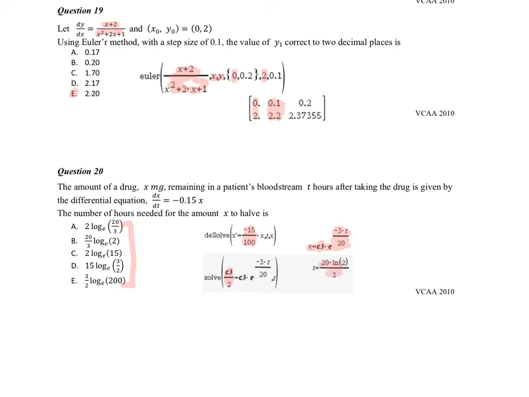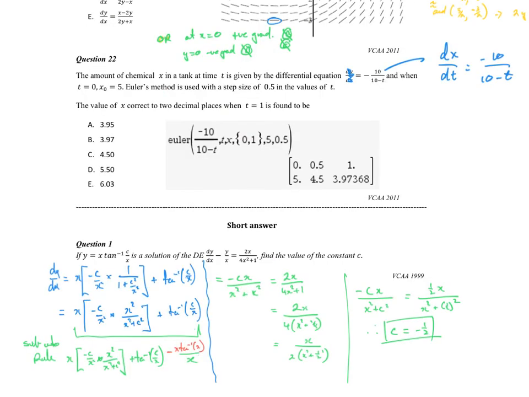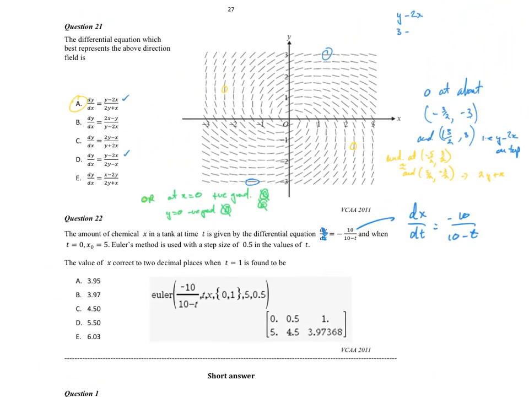We get 20 natural log 2 on 3, which is B. All right, we've got 2 more before we go to short answer.